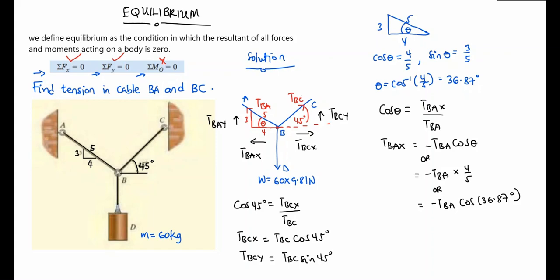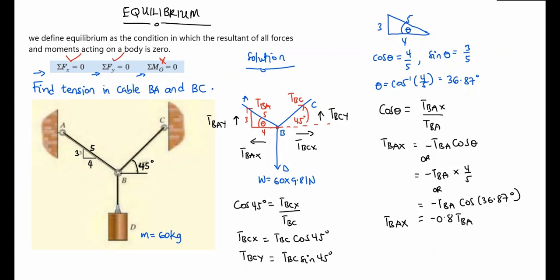You can write this also. So let's see what you are going to get. Cosine of 36.87 degrees will give us a value of 0.8. So you're going to have minus 0.8 TBA. This is what you have. That will be for the x component of the tension in cable BA.